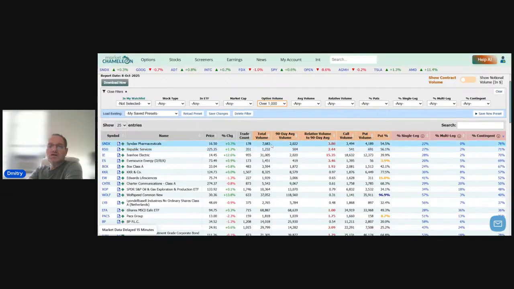Today, or yesterday since we're not open yet, it traded 7,683 contracts, and 78% of these contracts involved a trade that was contingent. So when we look at it, keep in mind that we still have to go and find this stock trade.